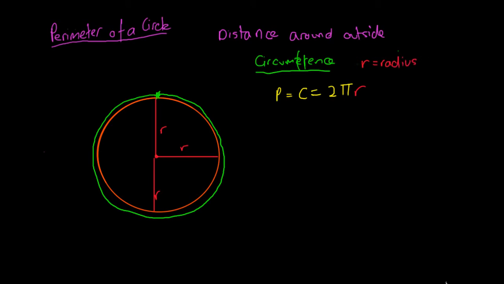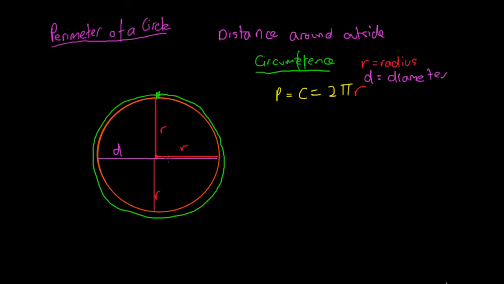Also, if we draw a line which goes from one edge of the circle to the other through the center, like this purple line, we call this the diameter, and we'll denote it as d. So d is equal to the diameter of a circle.